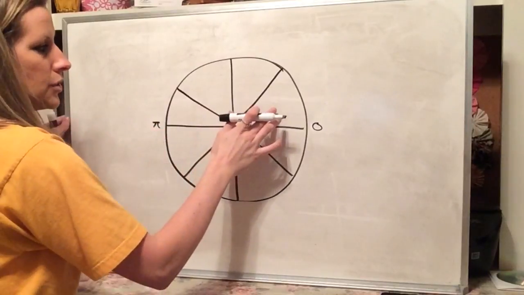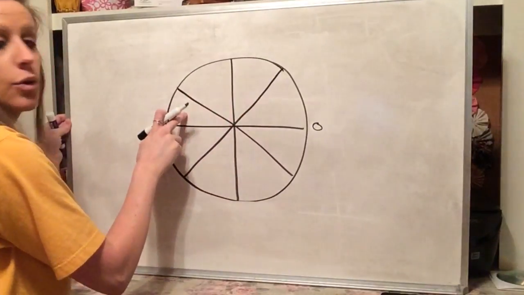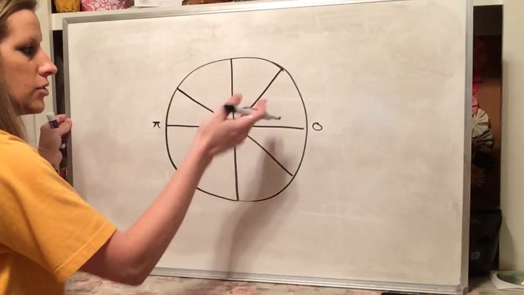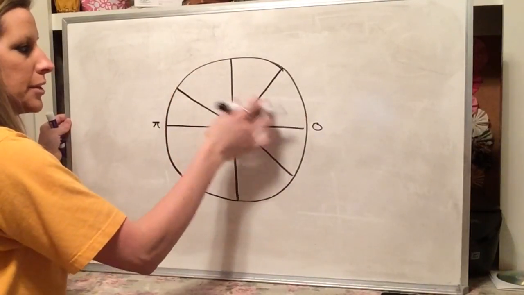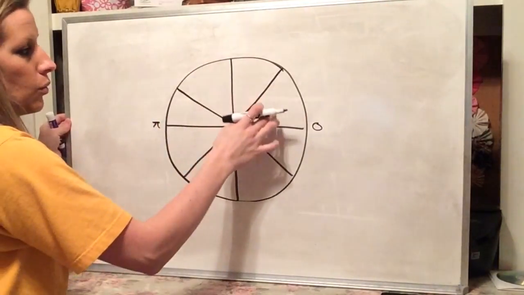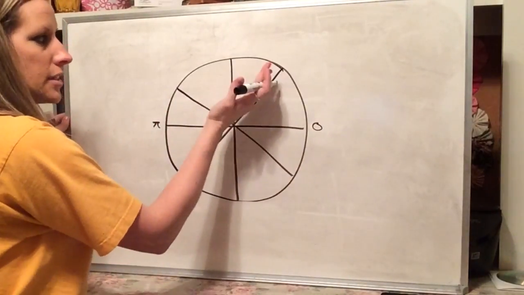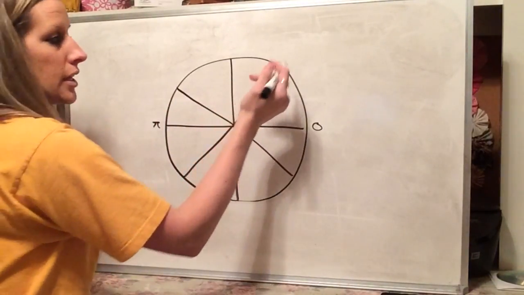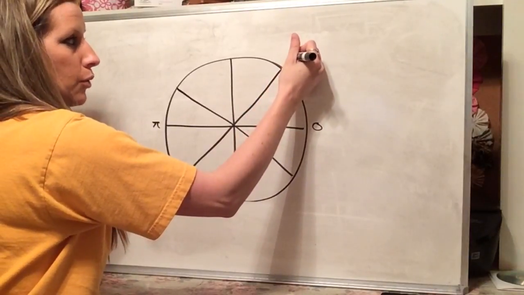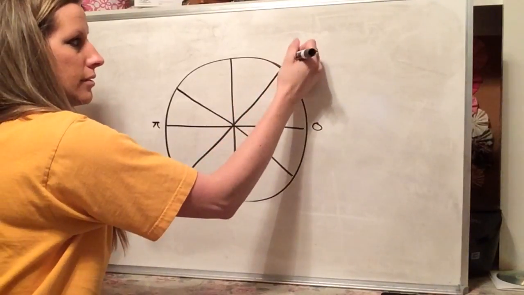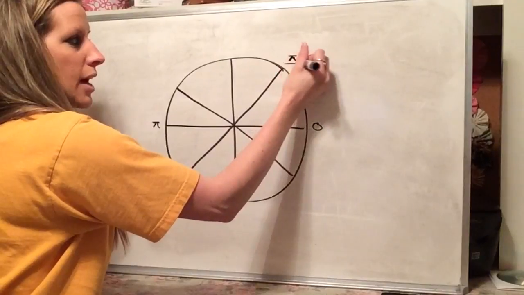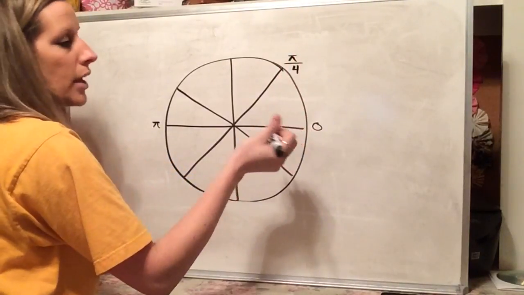I'm splitting it up into 1, 2, 3, 4 sections. Okay, you just count from 0 to 1. How many sections does it cut into? 1, 2, 3, 4. Okay, so the first line that I get to is going to be 1 over 4. It's my very first line. And you don't have to put that 1. Okay, it's an understood 1.